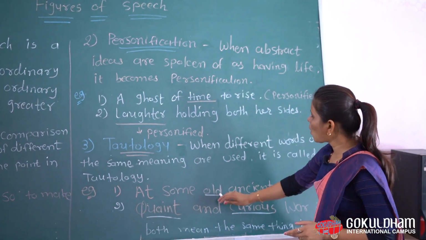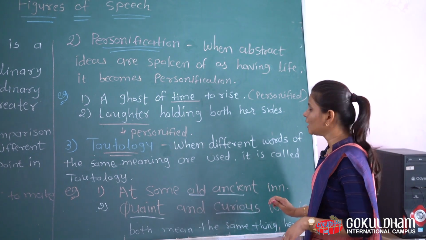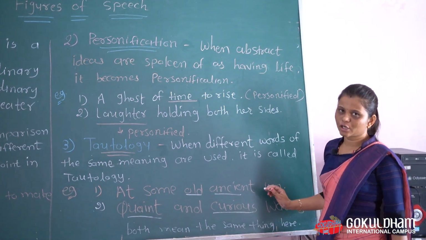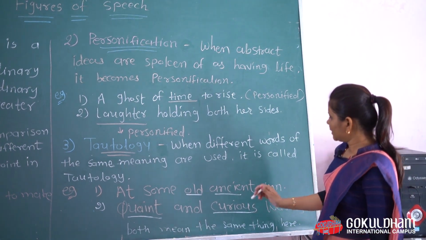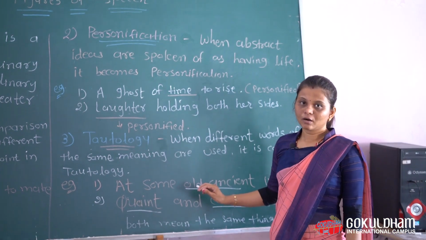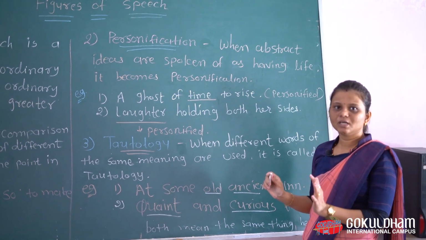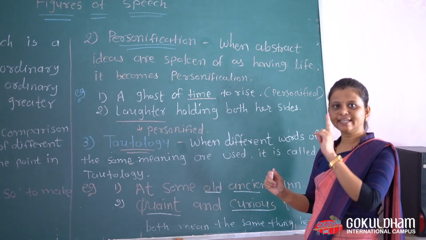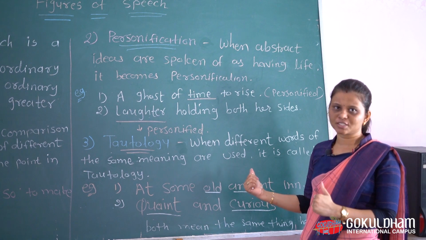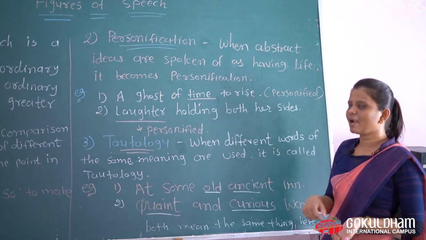At some old ancient inn. Inn means restaurant here. So they use two words here, old and ancient. The meanings of the two words are the same, but still they use two words. At that time we can say it is the tautology figure the poet applied.